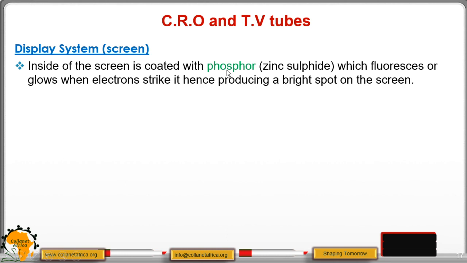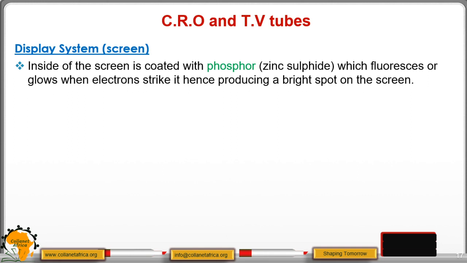And that light is what makes the screen glow. And when it glows, we observe a bright spot. That way, it prevents the screen from getting heated, because all the kinetic energy is converted to light energy.